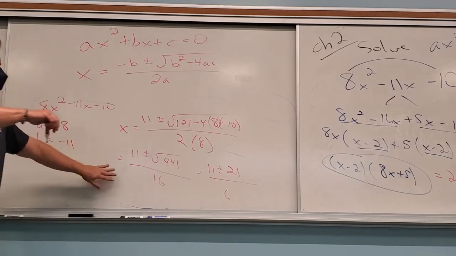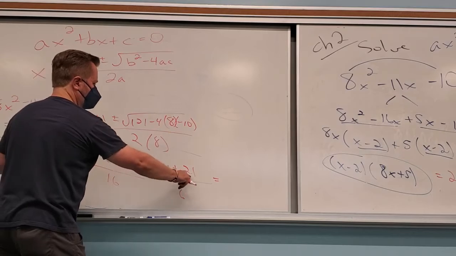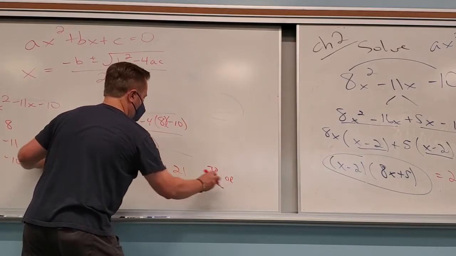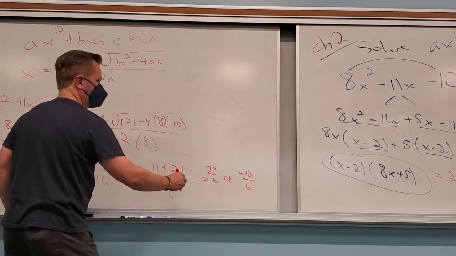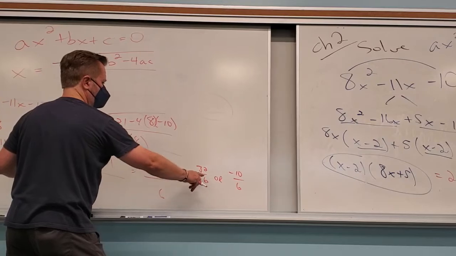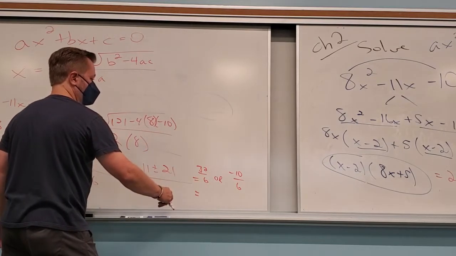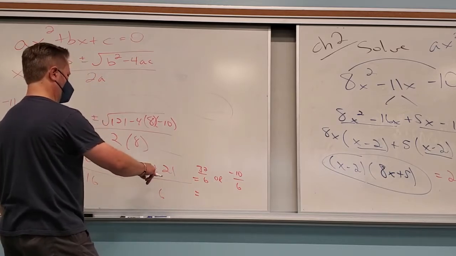All right. If I finish this out, how do I do this? I do 11 plus 21, 32 divided by 6, or 11 minus 21, negative 10 over 6. So then I get, what's 32 over 6? Did I do that right? 11 plus 21, yeah, 32 over 6.